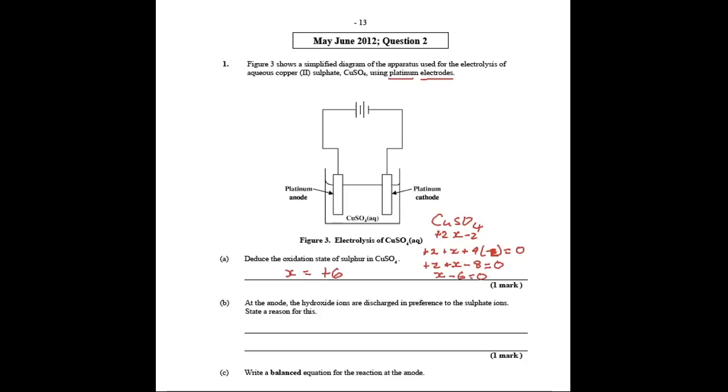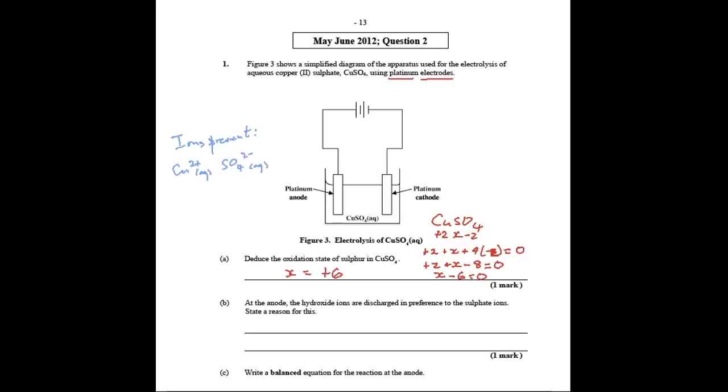At the anode, the hydroxide ions are discharged in preference to the sulfate ions. So generally, whenever we're doing an electrolysis question and we get whatever the electrolyte is, we are supposed to just write down the ions present. So it's aqueous copper 2 sulfate, so we're going to get Cu2+ aqueous. We'll also have SO4 2-, that's the sulfate.